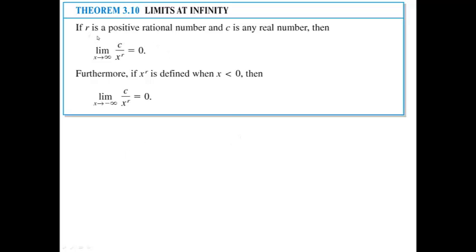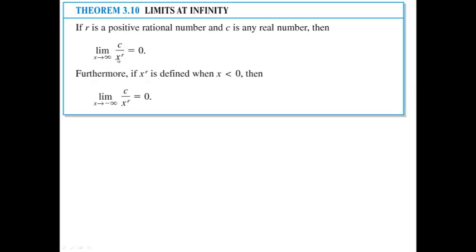Okay, this is a theorem that they keep referring back to. I don't use this too much, but it just says that if you have some constant value and you let x go to infinity, and x is the base, and r is some positive rational number like 1 or a half or 6, but not a negative number, because a negative number would be a reciprocal, which will bring the x back in the numerator.